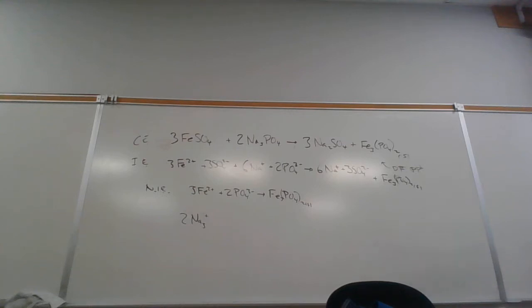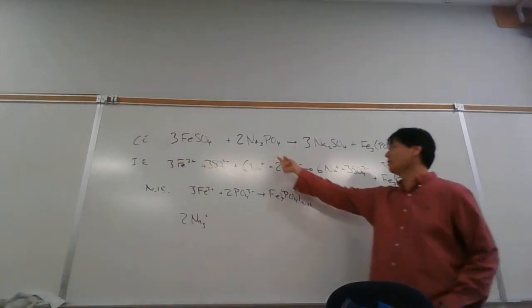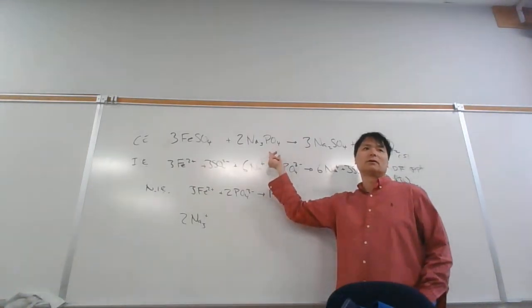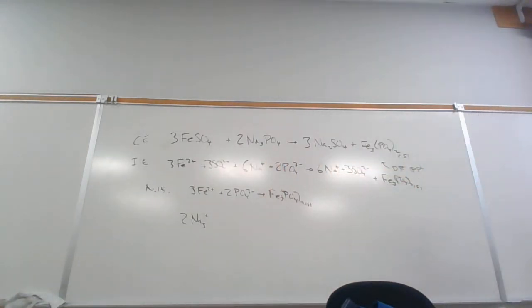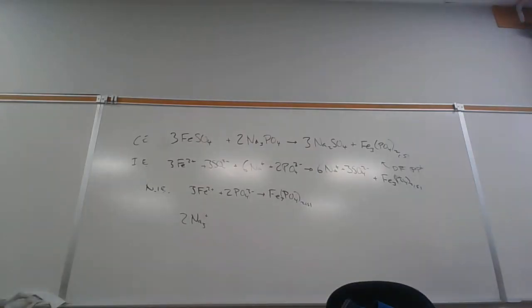Oh, actually, I'm sorry, we're not looking at this. This is how the Fe3(PO4)2 lattice is. Your question is about Na3PO4? No, like when you split it up into the ionic equation.